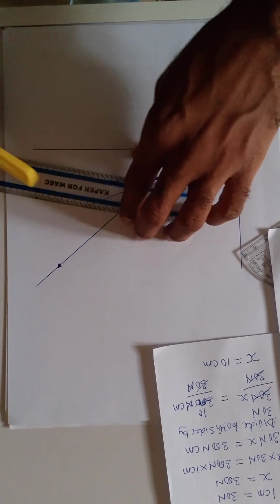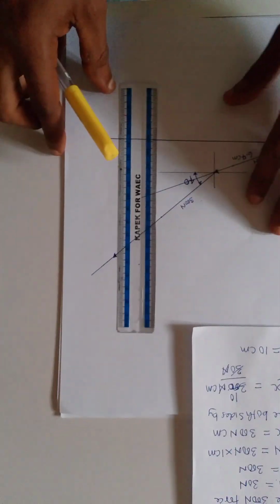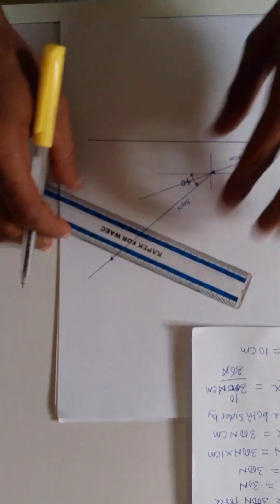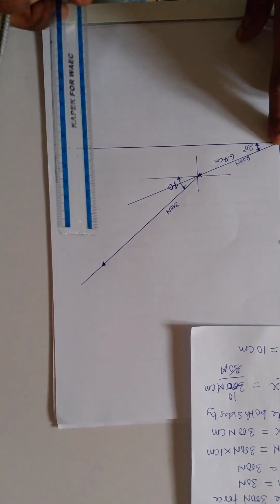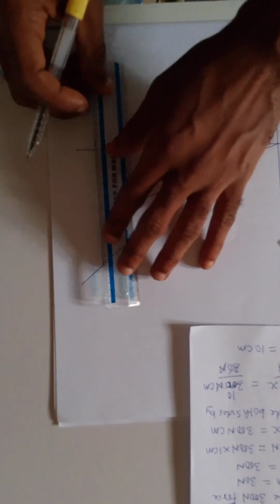Before we do that, we also have to have a reference point like we did. We are done with the 300 Newton force, so we take the 200 Newton force again from the head.